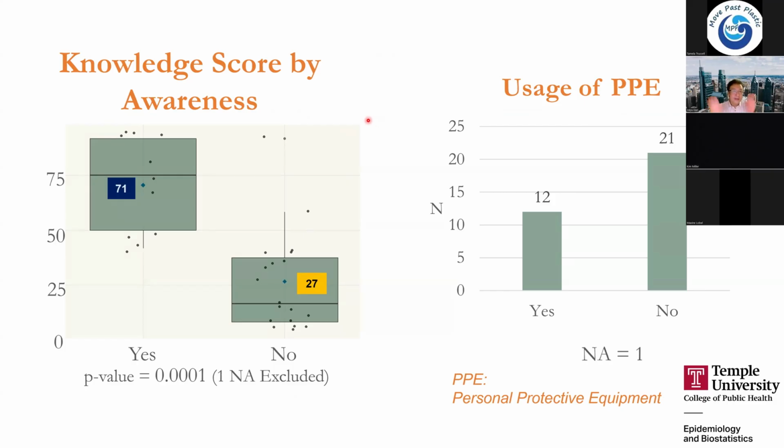So we divided them into two groups: yes means they had heard about microplastics, and no means they had not. We also tested their basic knowledge about microplastics and converted their knowledge score to a scale from 0 to 100, where 100 is the maximum score.